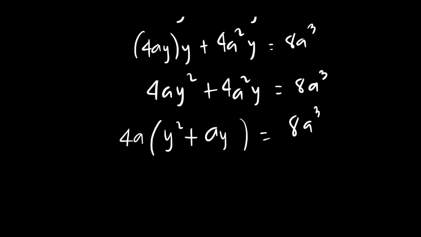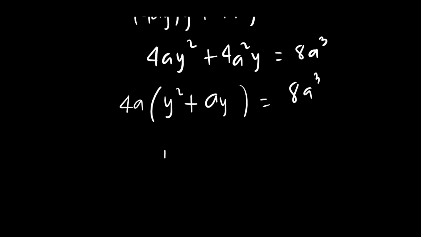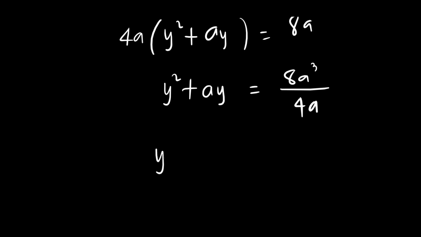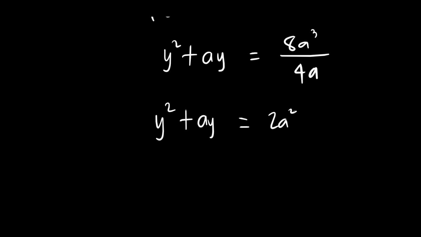Divide both sides by 4a, so the remaining will be y squared plus ay equals 8a cubed all over 4a, which is just 2a squared, right? So we have the equation y squared plus ay minus 2a squared equals 0.